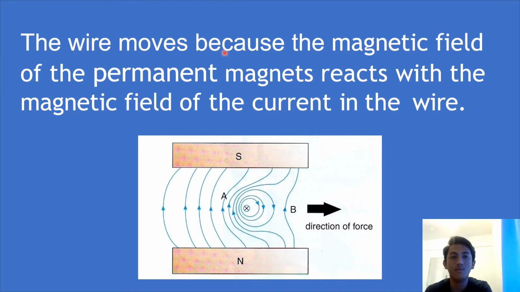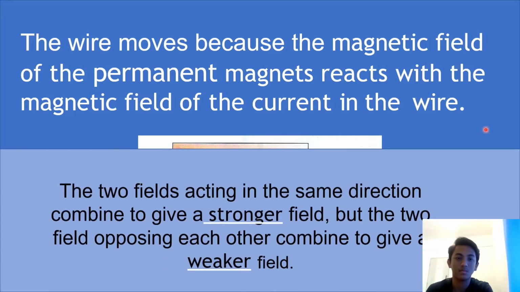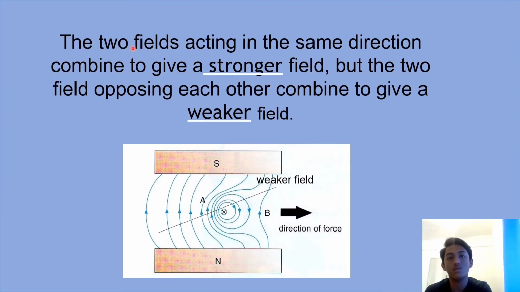The wire moves because the magnetic field of the permanent magnet reacts with the magnetic field of the current in the wire. As you can see, north to south, but the direction of the force is left to right. The two fields acting in the same direction combine to give a stronger field, but two fields opposing each other combine to give a weaker field.